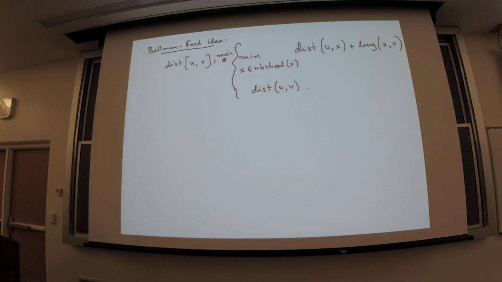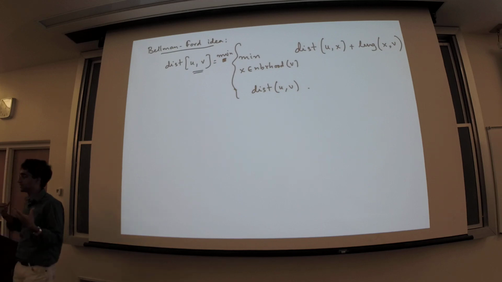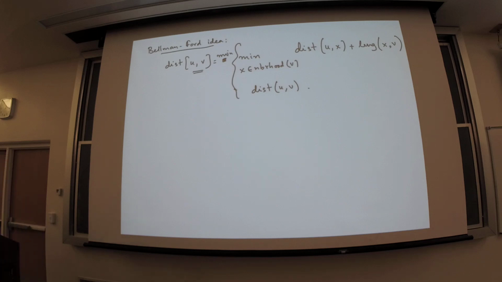But now you can imagine doing this for all pairs simultaneously, not just for a given u and different v. You can try to keep doing this for all u, v simultaneously. And it turns out that this can be viewed as some kind of matrix multiplication.